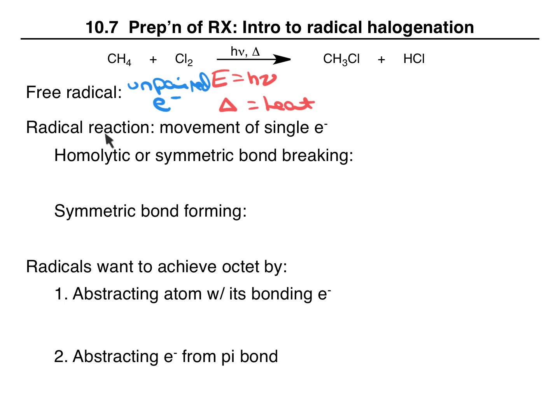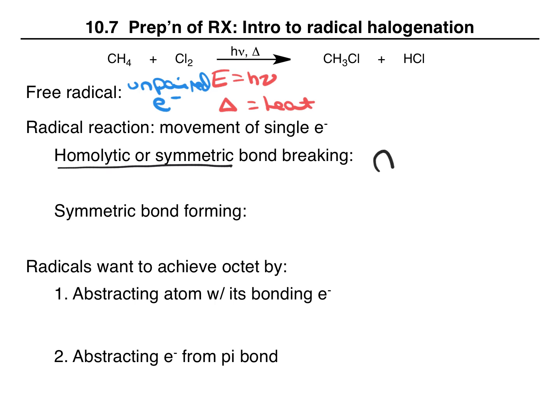Whenever we consider a radical reaction, we are talking about the movement of single electrons. Now, multiple electrons may move within the reaction, but the electrons are not moving as a pair. Instead, we might have one electron moving in one direction and one moving in the other direction. So with radical reactions, we can think about homolytic bond breaking or symmetric bond breaking.